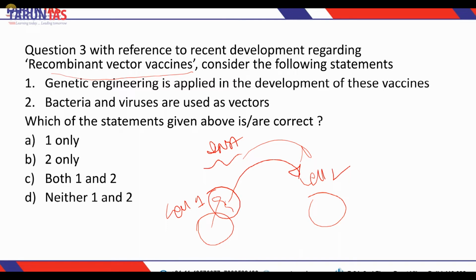So a vector is something which only aids. It is only a carrier. Therefore, we will need a vector. Sometimes we can have bacteria as a vector. Sometimes we can have viruses as the vector.